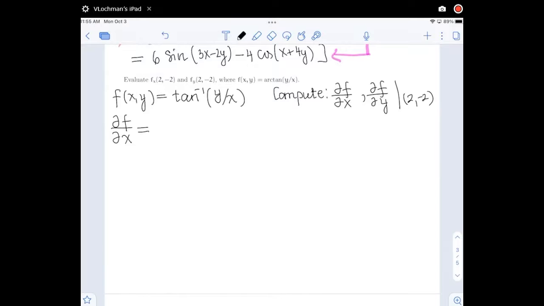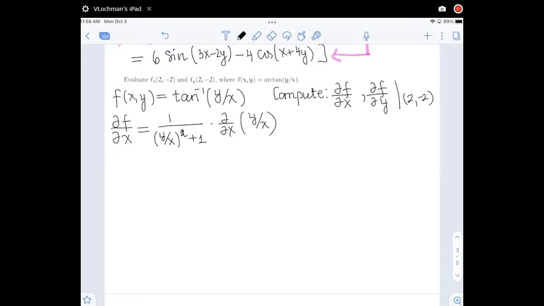Okay, so Tyler gives us the answer: 1 over x squared plus 1. So I think about it as 1 over stuff squared plus 1, whatever this stuff is, times the derivative of stuff. So 1 over (y over x) squared plus 1, times d/dx of y over x.